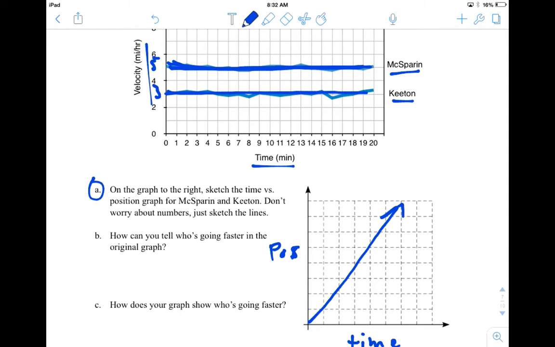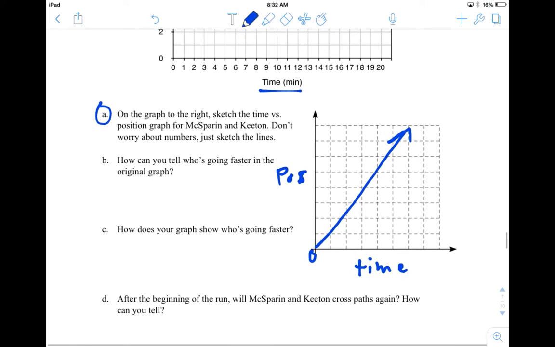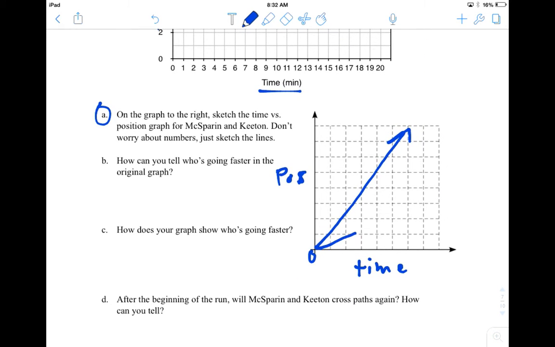I'm starting down here at McSparron's house. Keaton starts from the exact same place, and his velocity is constant too, but it's a little slower. If it's slower, it has to be less steep. I'm not worried about how much less steep, because it says not to worry about numbers. I just want the general shape.